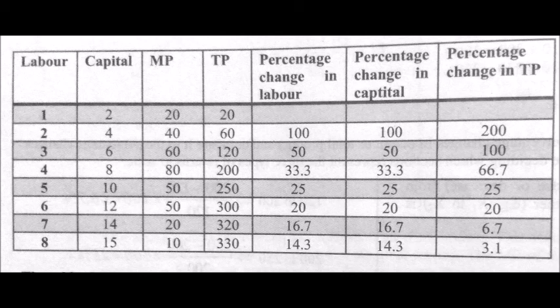For instance, as labor increases from 4 to 5, that is 25%, and capital also increases from 8 to 10, that's 25%. Total product increases from 200 to 250, that's 25%. And the percentage increase in output is the same as the percentage increase in both labor and capital, the scale. You can check on the table for yourself.